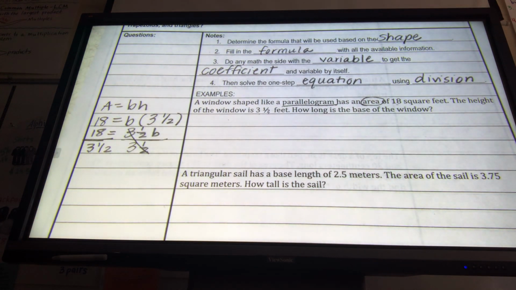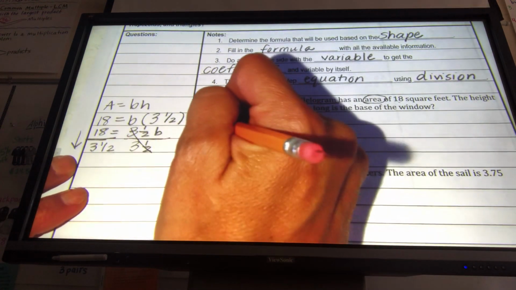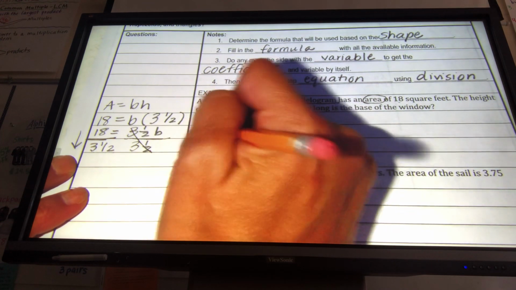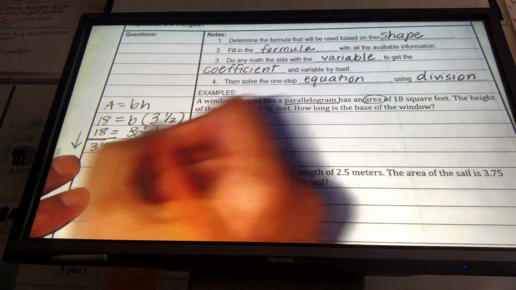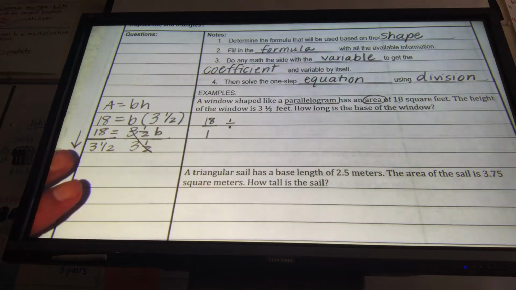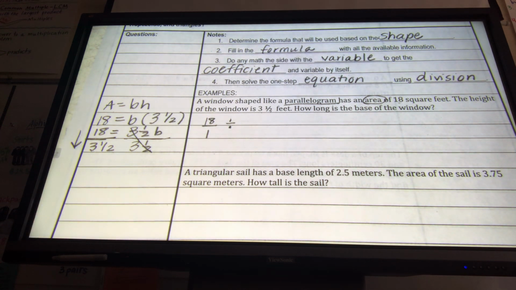Now you could have put 0.5 there, since there's only one fraction in this problem, if that's what you wanted, and go from there. But I'm going to keep it as a fraction because that's how it shows it in the problem. Remember, when you have a fraction, you want to go top down. So when I rewrite it, I'm going to write 18 over 1 divided by 3.5, which I have to turn into an improper fraction.